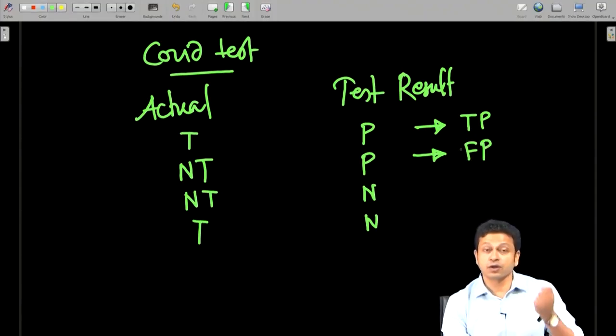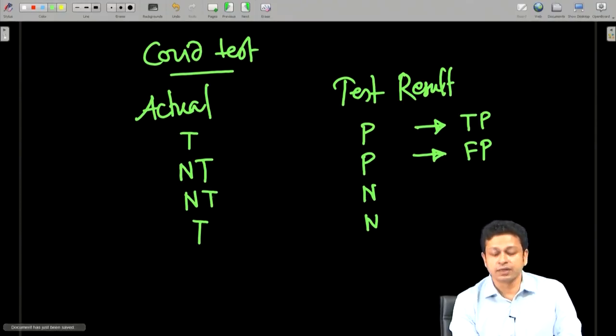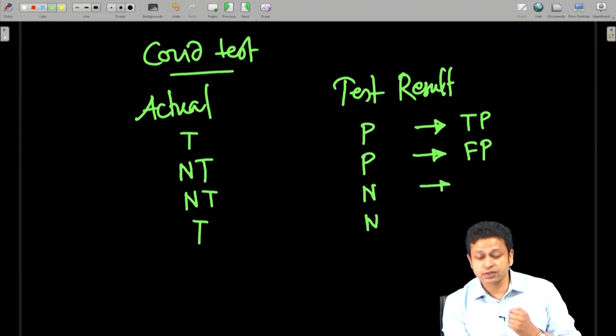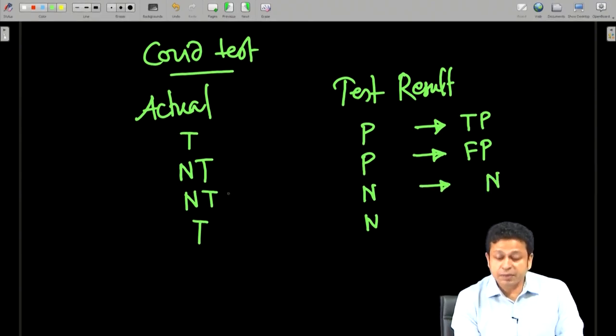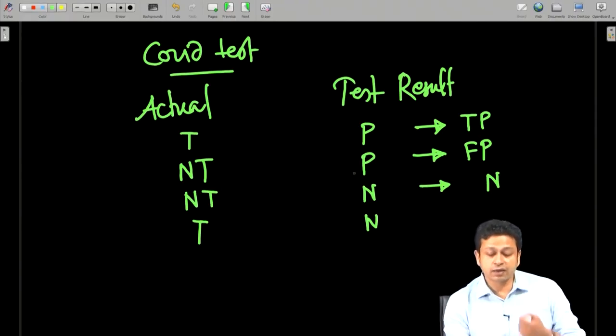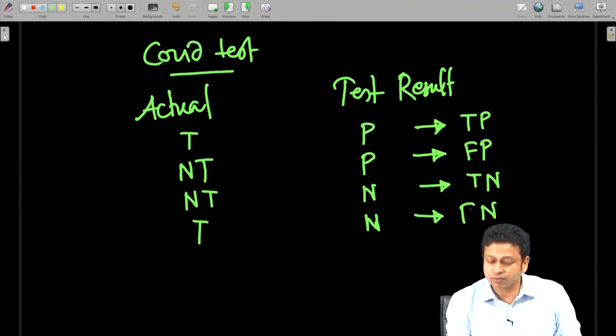In the third case, the test is negative and the premise is also true that I did not have COVID, and that is why I am tested negative. So, this is true negative. And the last case is that I have my result negative, but the premise is that I actually have it. So, the negative is actually false. So, this is called false negative.